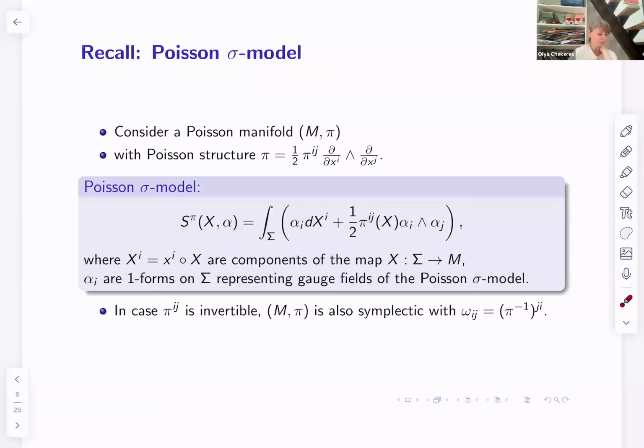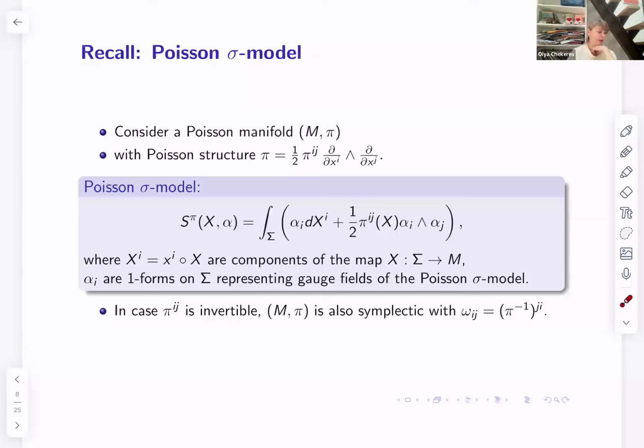So a short reminder: a Poisson sigma model is defined with a Poisson manifold as a target, and then some two-dimensional manifold as a source, and it is given by a map from a two-dimensional manifold to the target manifold.